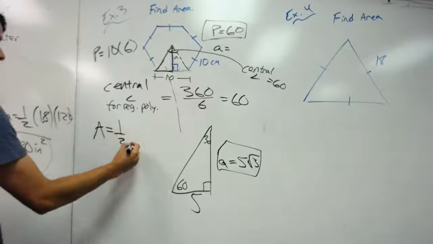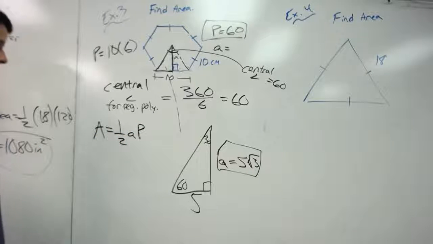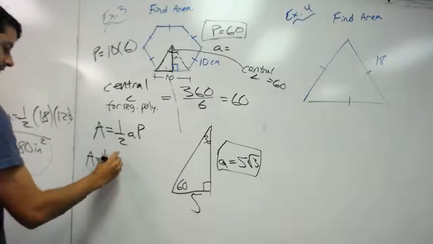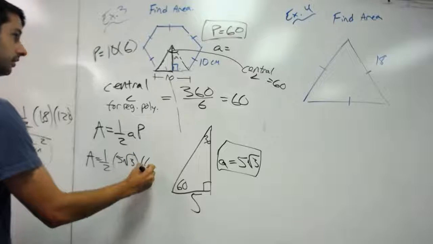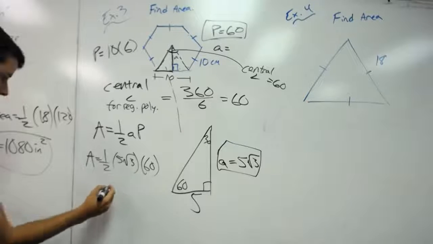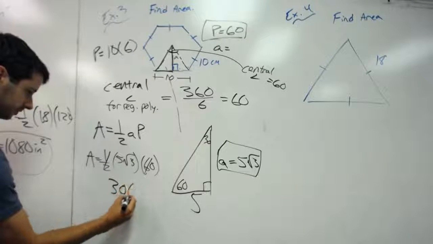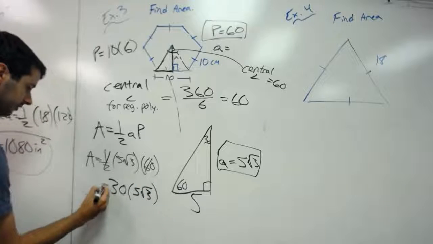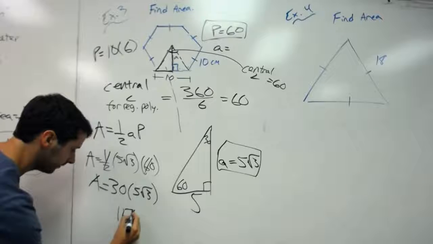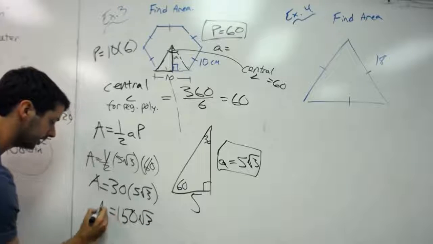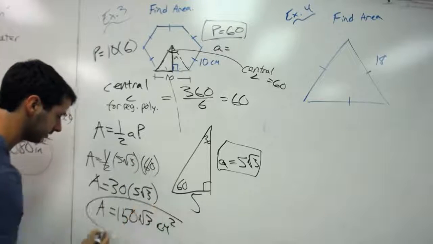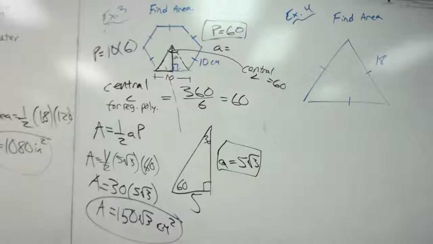And now in our formula of 1/2 apothem times perimeter, we have both of them, so we plug it in. 1/2 times 5 radical 3 times 60. 1/2 of 60 is 30 times 5 radical 3. 30 times 5 is 150, and then we leave the radical 3, and the measurement is centimeters squared. 150 radical 3 centimeters squared.